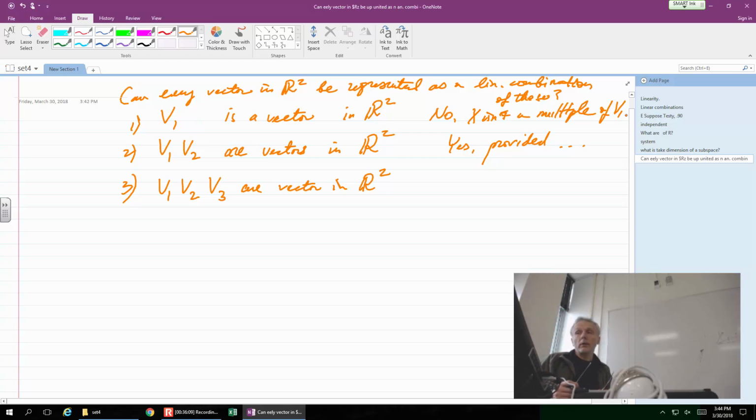Okay, so remember, we're trying to understand why the dimension of R2 is 2. So too little is not enough. Less than 2 is not enough. What about 3?